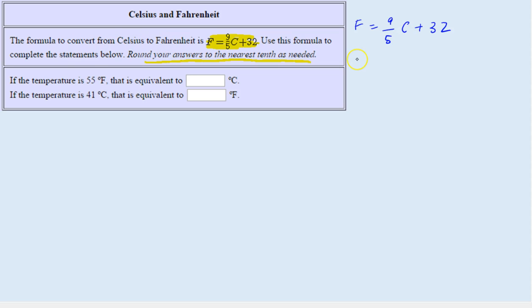So the C is representing the degrees in Celsius, and the capital F is representing the degrees in temperature in Fahrenheit.